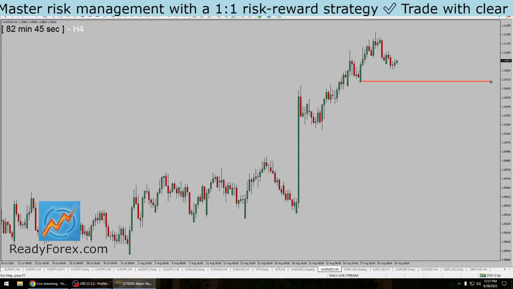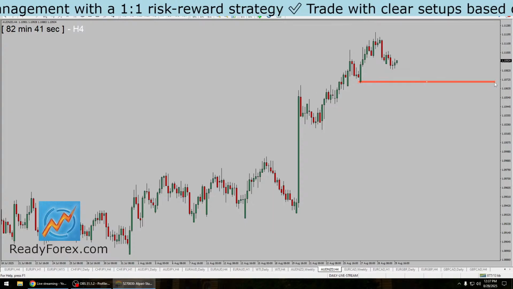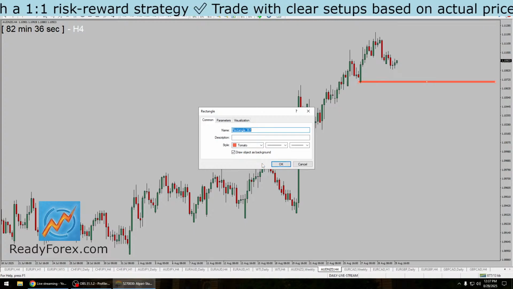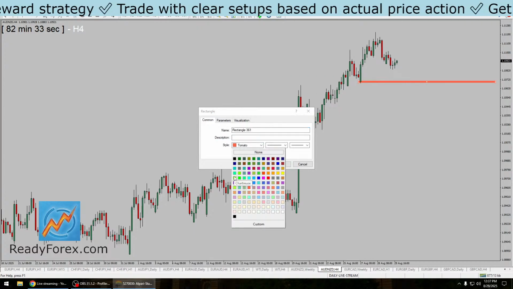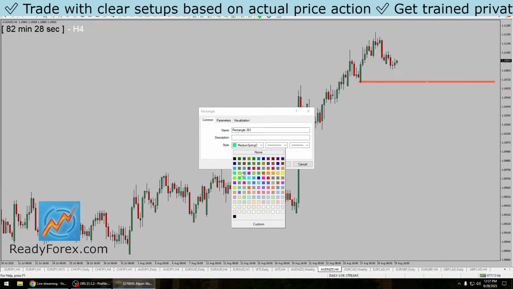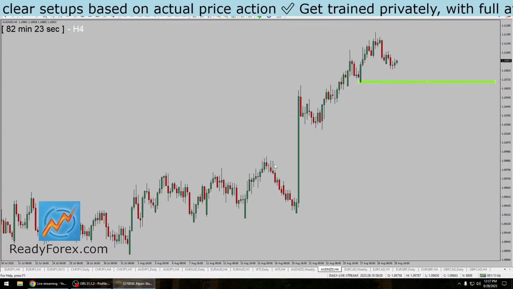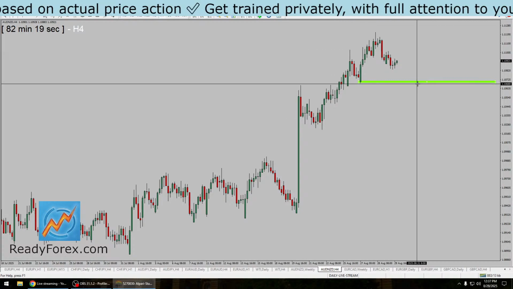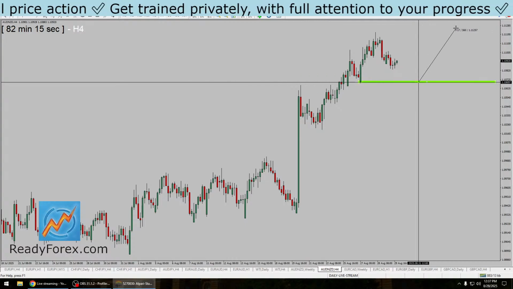So this is swing high right over here. Okay, so this is the support. So if price action is going to hit this level and then you see some sort of bullish reaction, then look for a potential buy trade setup.